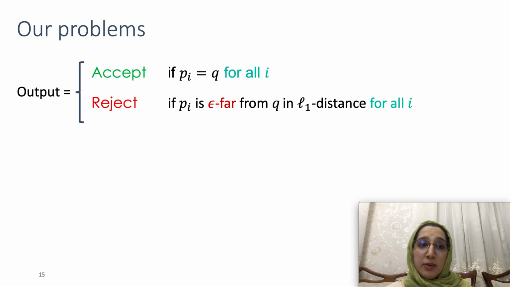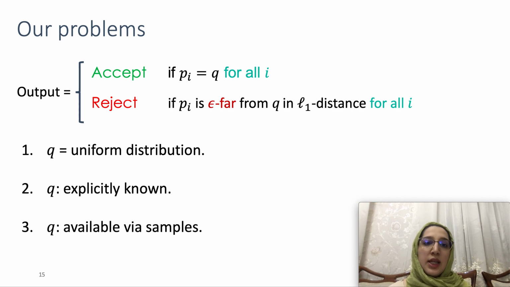The specific problem that we consider is the following. For some distribution Q, we want to distinguish the case where all the Pi's are equal to Q, or all of them are at least epsilon far from Q. We consider three different cases for Q. The first one is when Q is uniform.